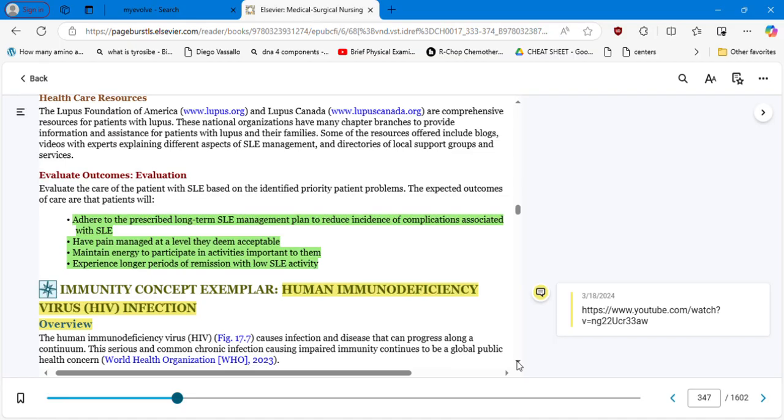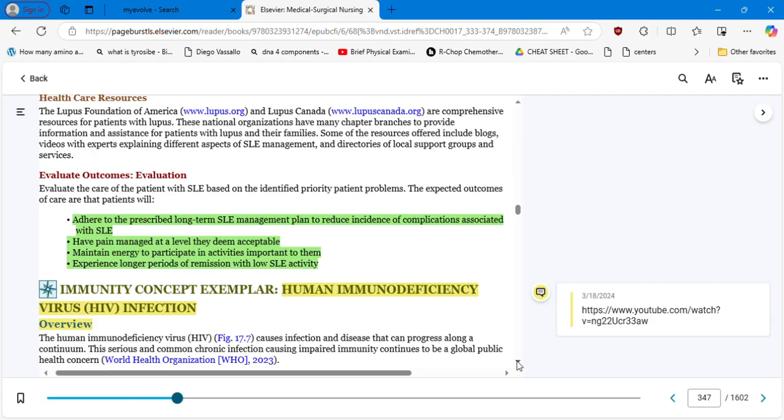I'm going to repeat this: long-term SLE management with early diagnosis and early treatment, in order for the patient to have the disease under management and reduce complications, have pain managed at a level they deem acceptable, maintain energy to participate in activities important to them, and experience longer periods of remission with low SLE activity.